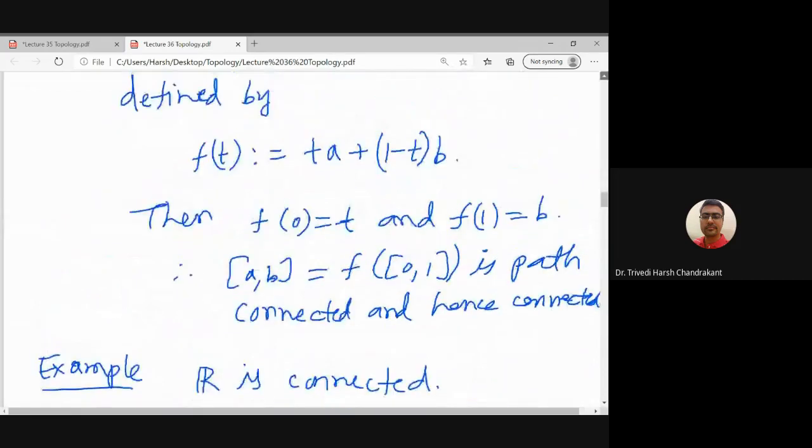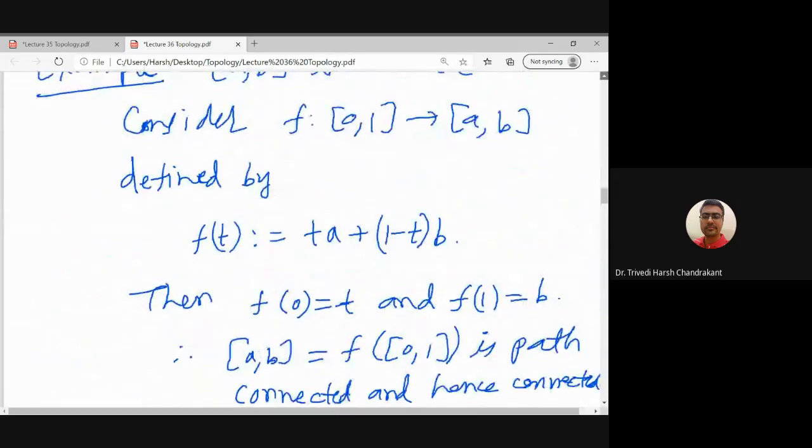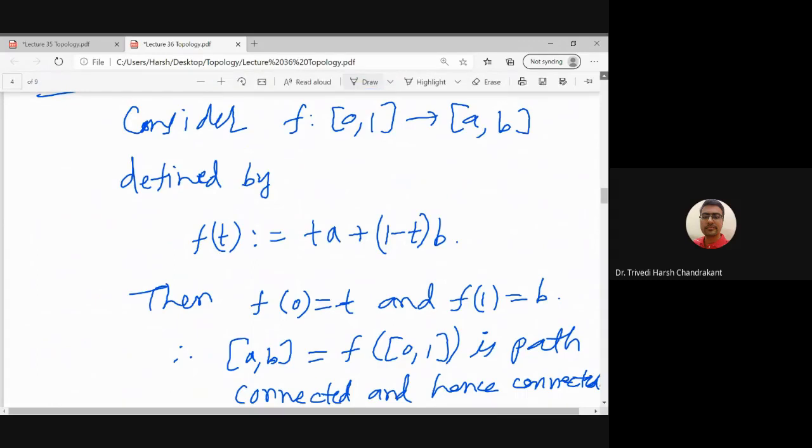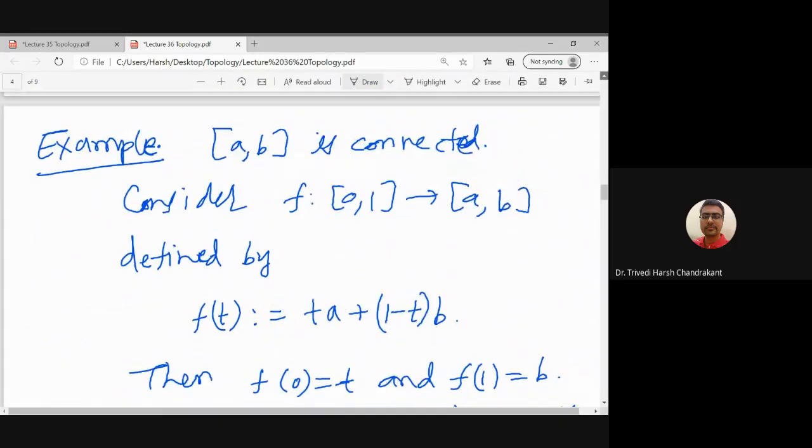And once we have that the closed interval is connected, then using path connectedness, we can show that the closed interval AB is also connected. Because we can always find a path from the closed interval 0, 1 to the closed interval AB, which is a continuous function.